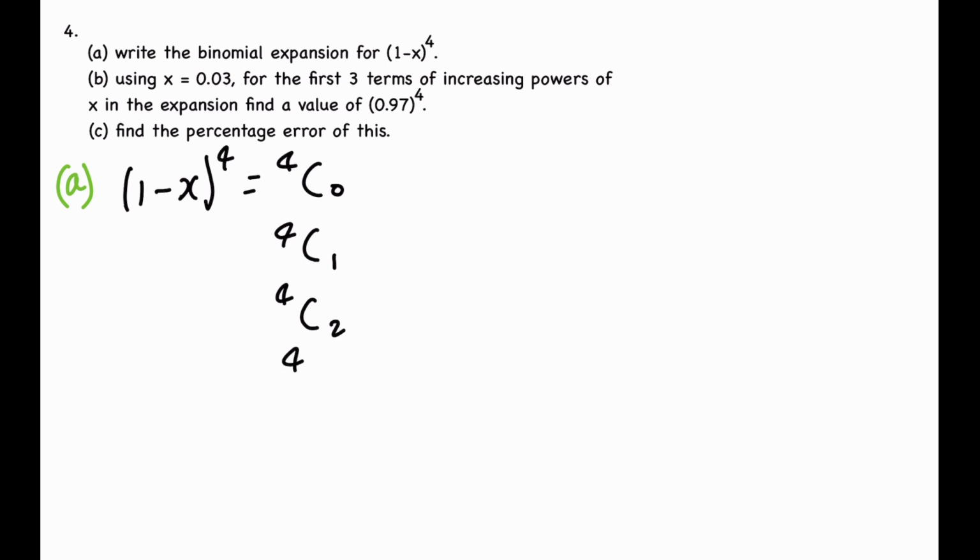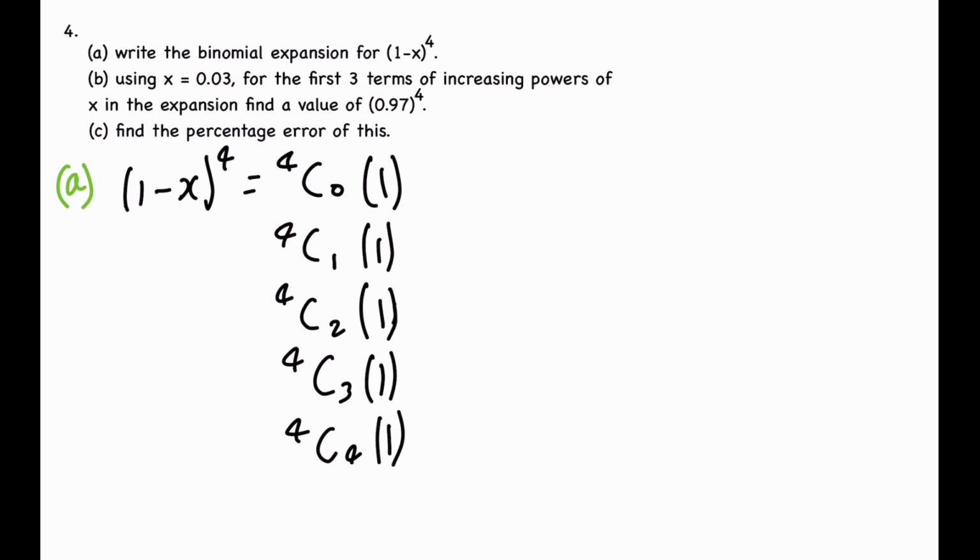So part A would be to find the expansion of (1 minus x) to the power of 4. (1 minus x) to the power of 4 is equal to 4 choose 0, 4 choose 1, 4 choose 2, 4 choose 3 until 4 choose 4, and then we'll do powers of each term.